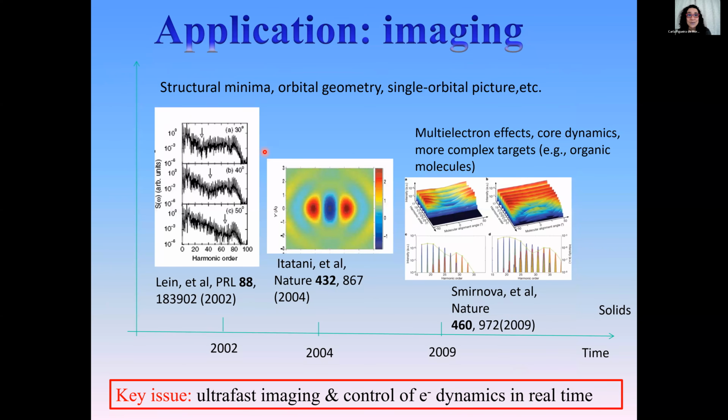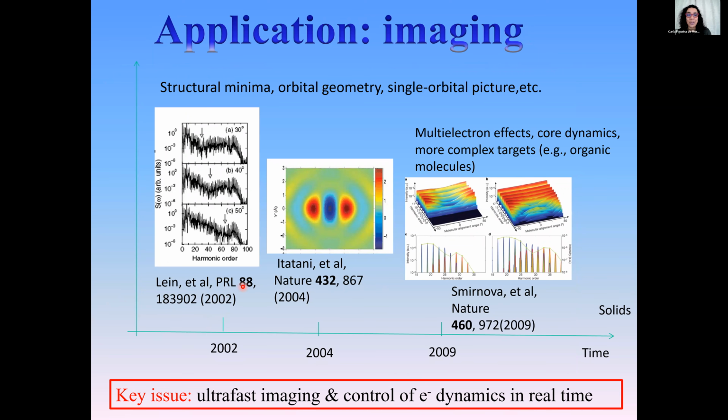And for that reason, people have been looking at imaging of molecules, of solids, and you always have to start small. So you start with structural minima and single orbital picture, which is something very approximate, and this was done in the early 2000s.